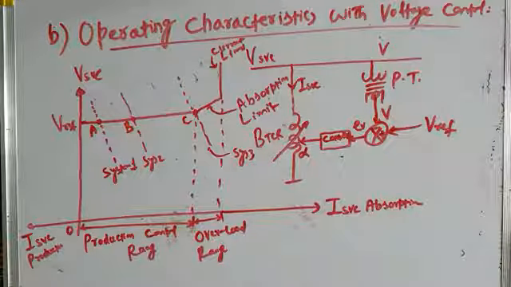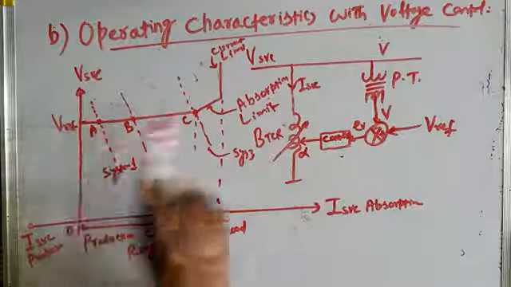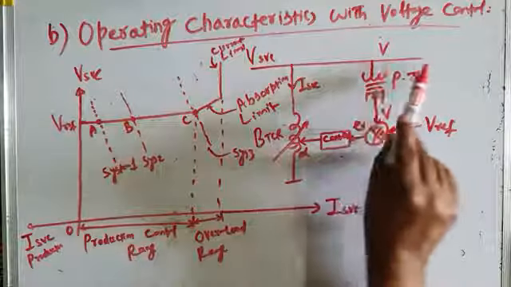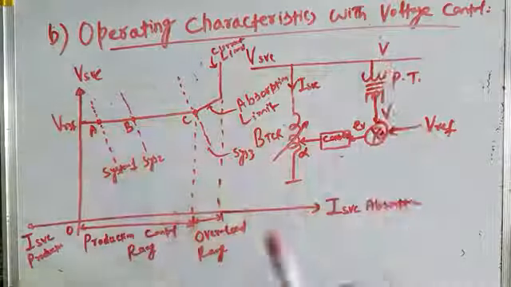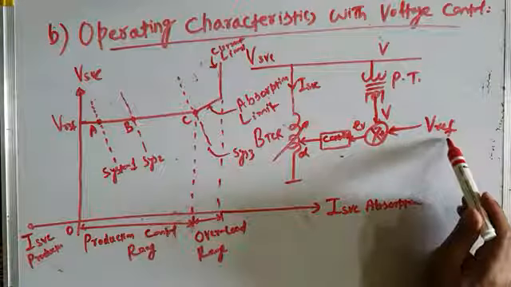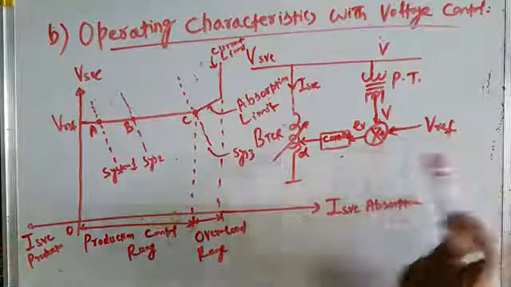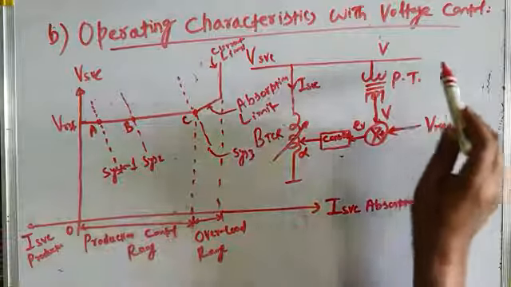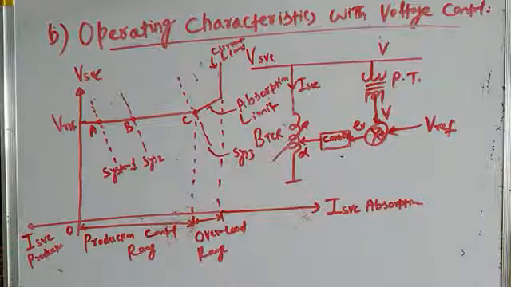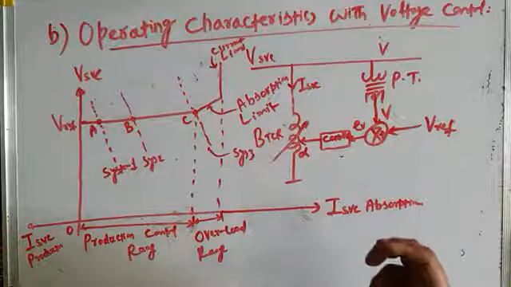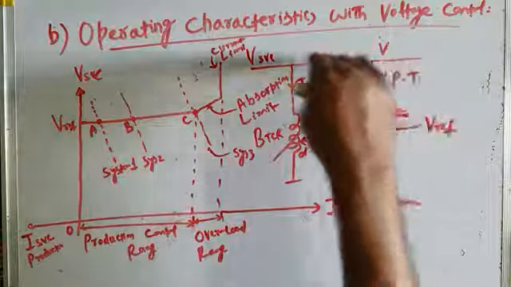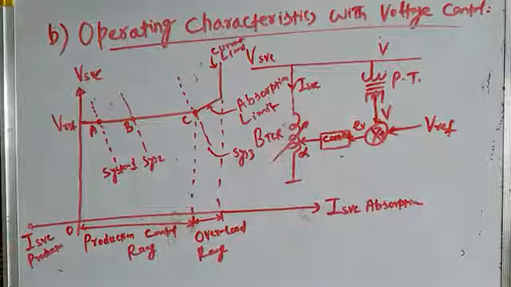Now, the aim is to keep the SVC voltage, or this bus voltage, equal to Vref. V is the actual bus voltage. It may not be equal to Vref. The aim is to make this V equal to Vref. Now let us assume that there is a leading power factor load on the transmission system. A leading power factor load means a capacitive type of load which is not absorbing reactive power, but generating reactive power and injecting that reactive power onto the bus.